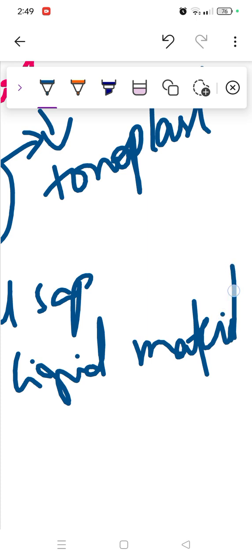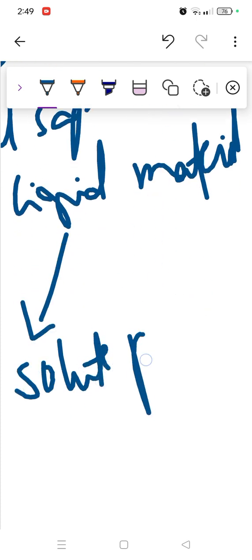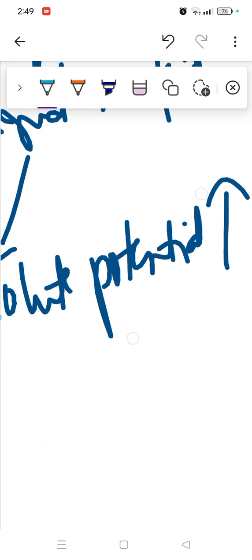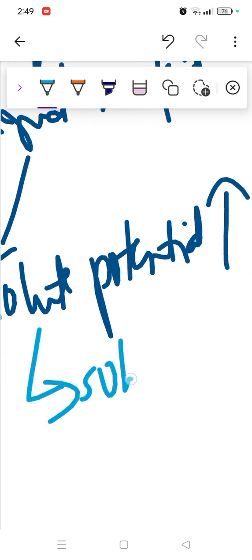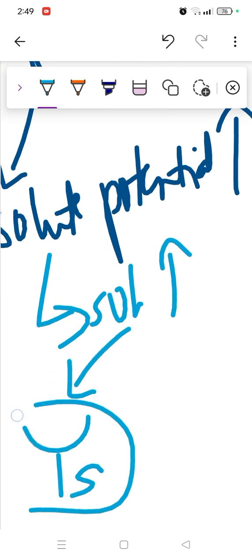So if we discuss solute potential here, what would be the solute potential in cell sap? Cell sap has a high solute concentration, so solute potential will also be high, right? Solute potential is always denoted by this symbol, psi S, which represents solute potential.